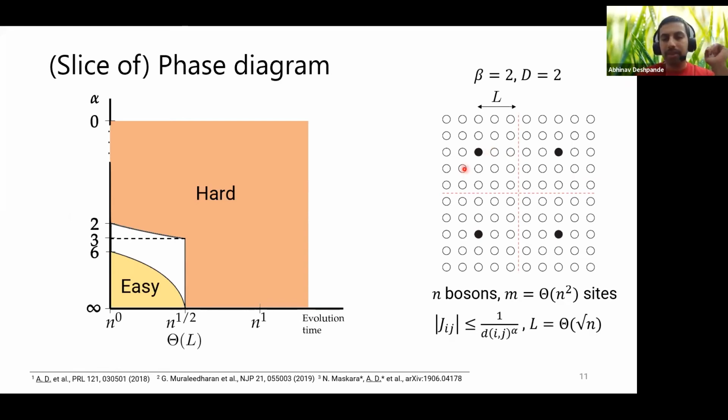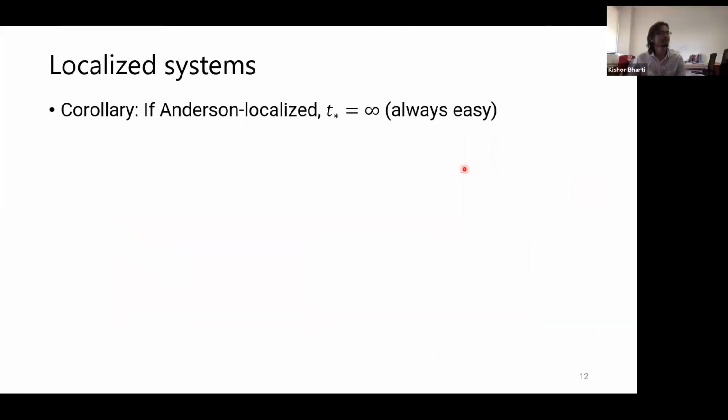Okay. So let me talk about localized systems. One of our corollaries is that in the free bosonic case, if your system is Anderson localized, T star is infinity, which is another way of saying that the system is easy at all times.